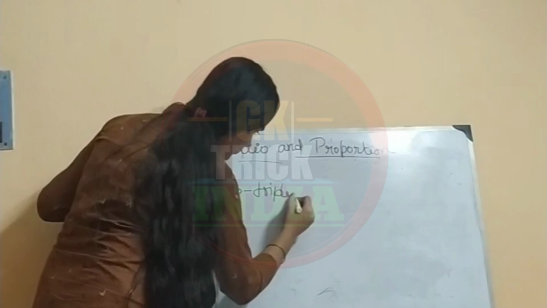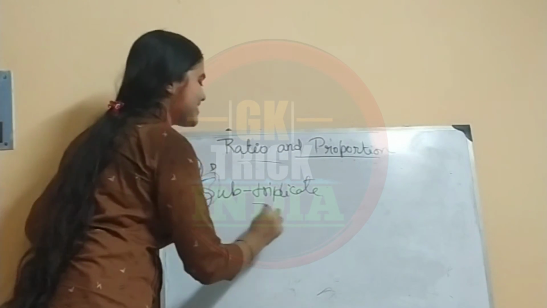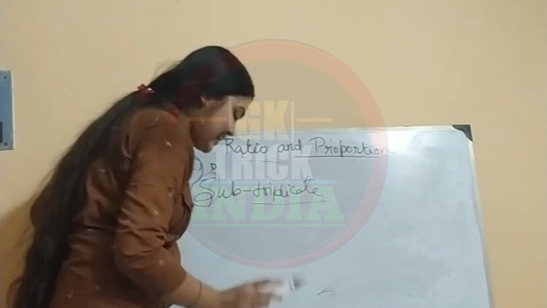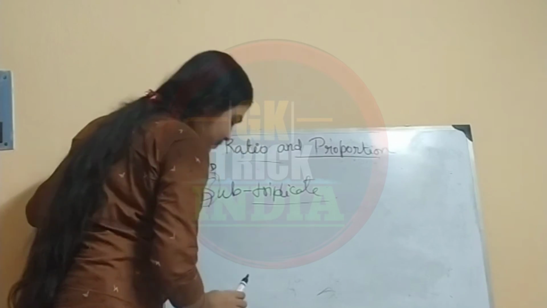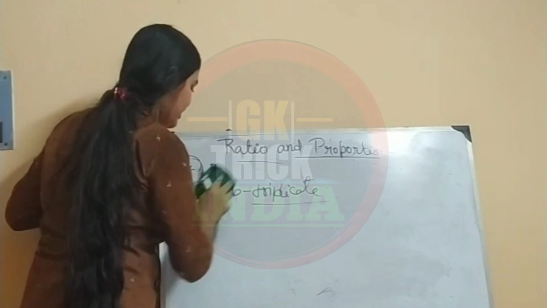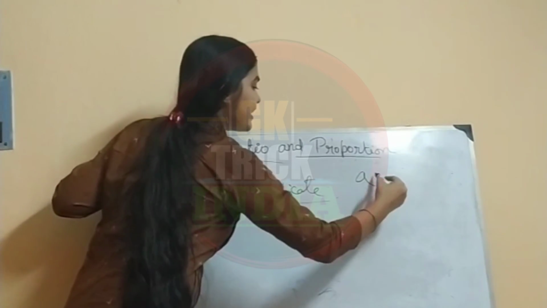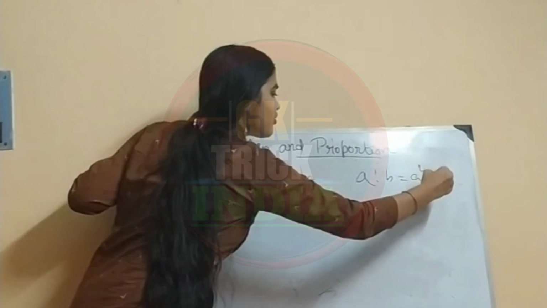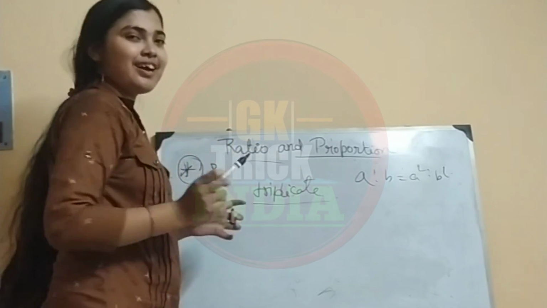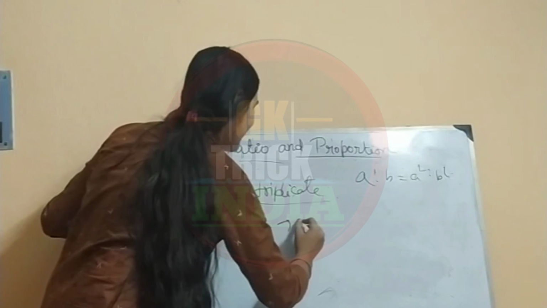And that is sub-triplicate. You may think here is also S, but look guys, here it's triplicate, so we can easily think that it's 3. First we have to find the triplicate. If the duplicate of A is to B is A square is to B square, then what is the triplicate? I know you guys are answering that it's A cube is to B cube.